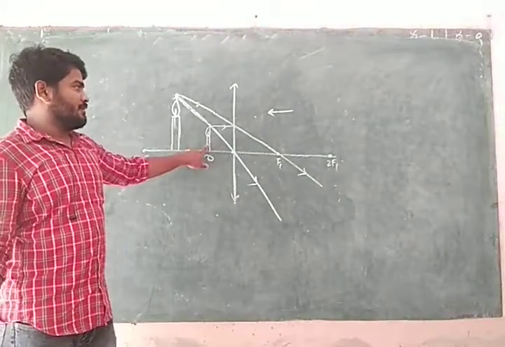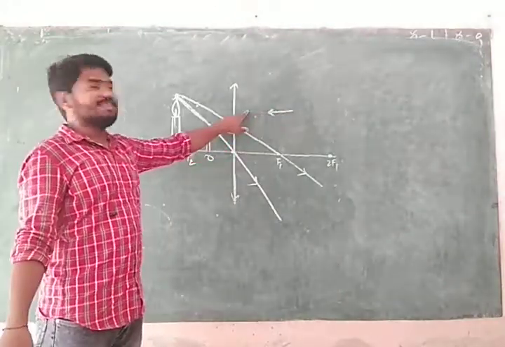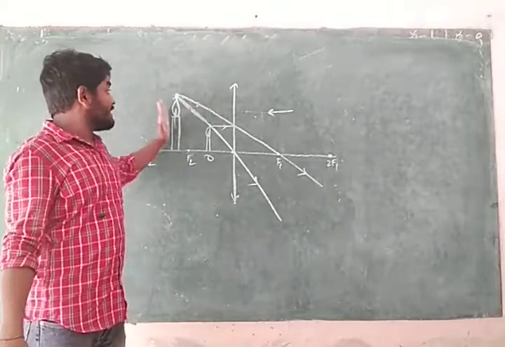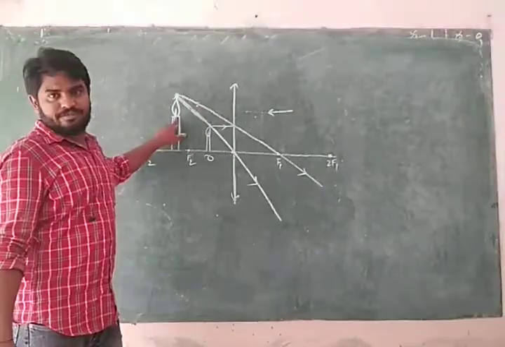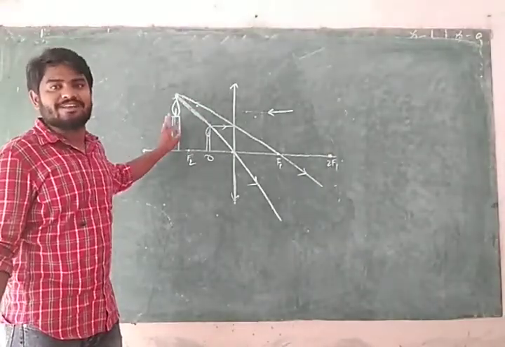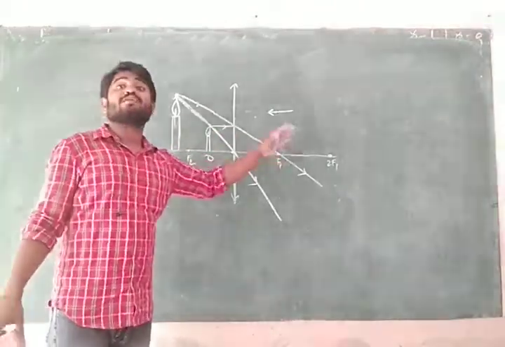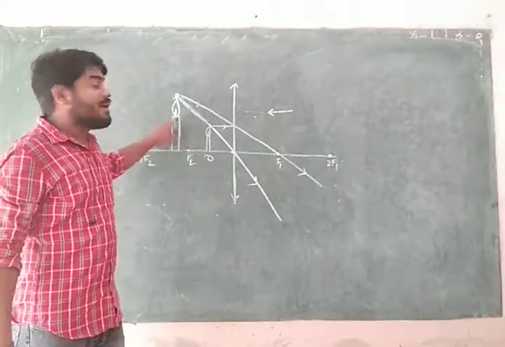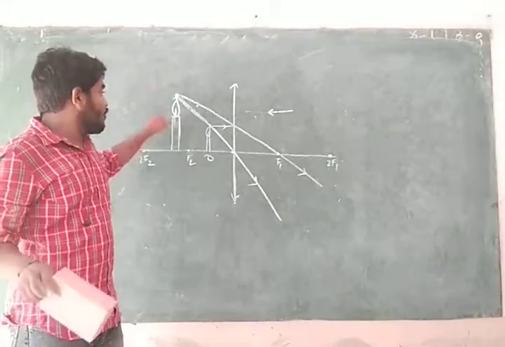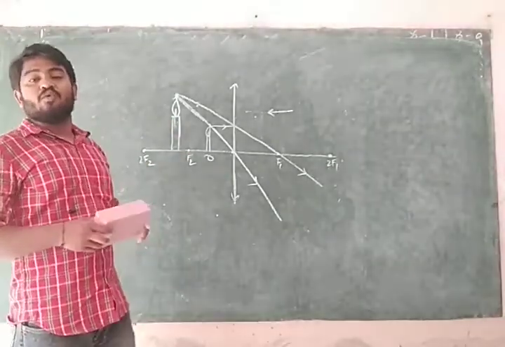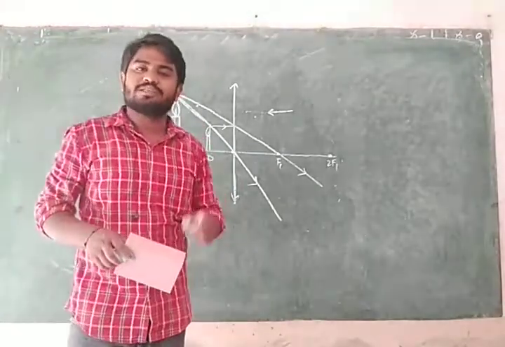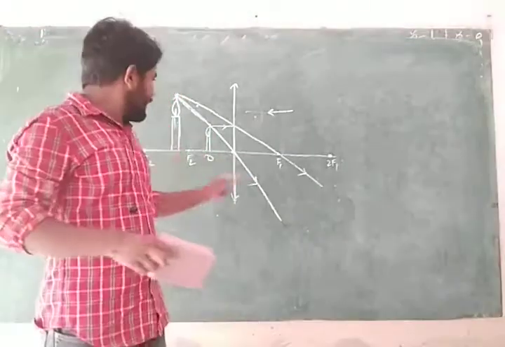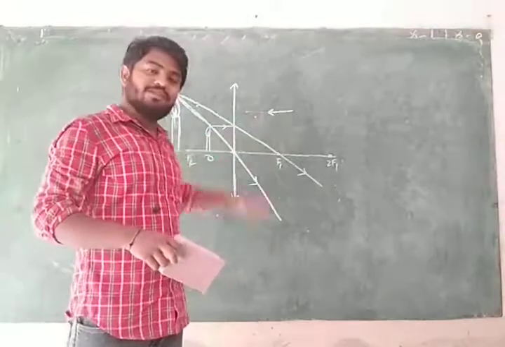Keep the object here and watch through the lens directly. Then you will see it enlarged and erect. Up to before, it was an inverted and real image. But now it is an enlarged, erect and virtual image. To see a virtual image, we don't need any screen. You can see it directly with your naked eye.